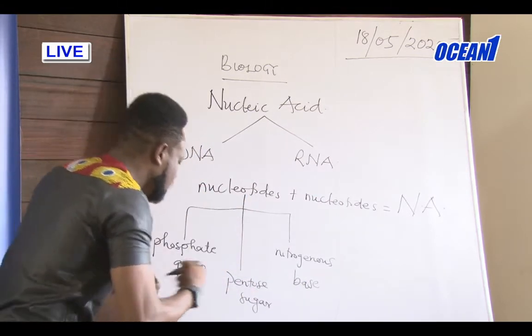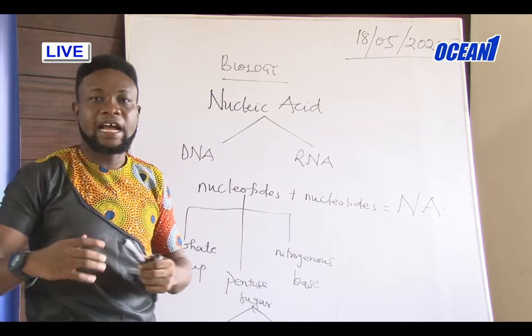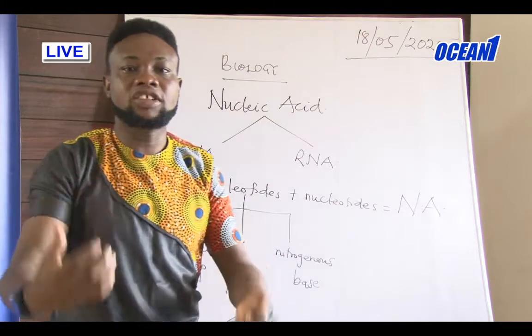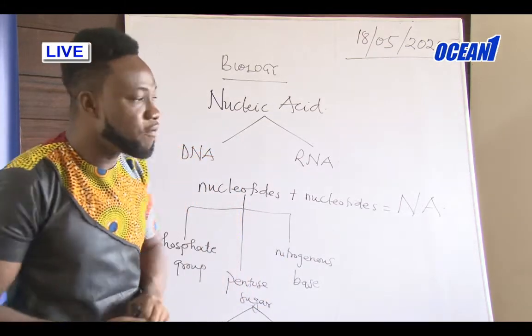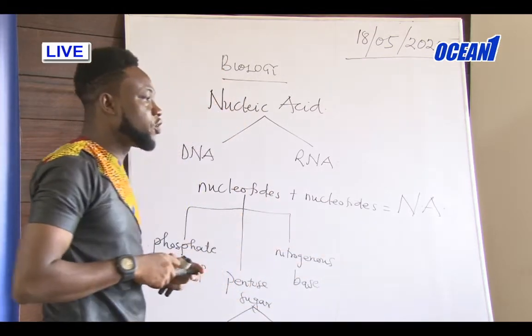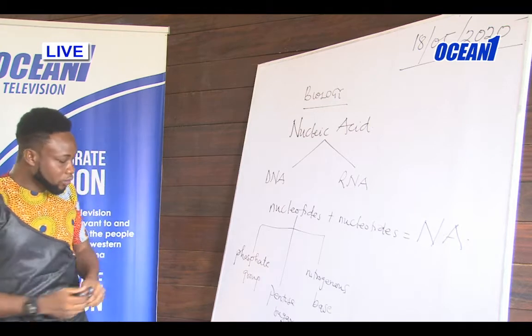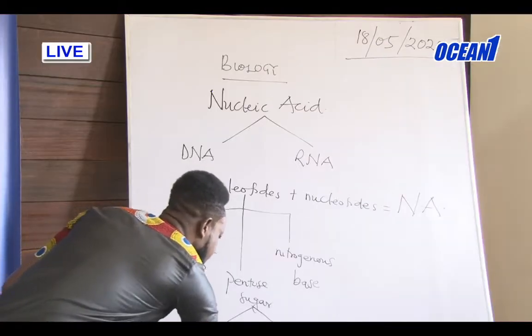Now, if you take the pentose sugar in the nucleotide, it is also grouped into two. We have what we call the deoxyribose, and we also have what we call the ribose.